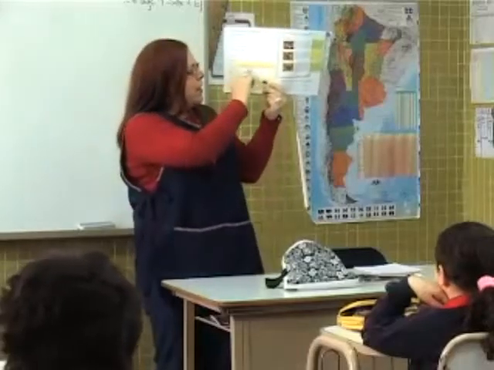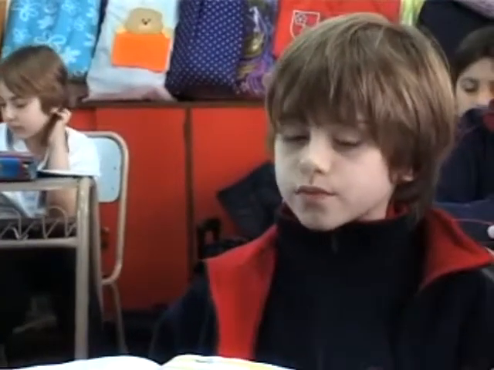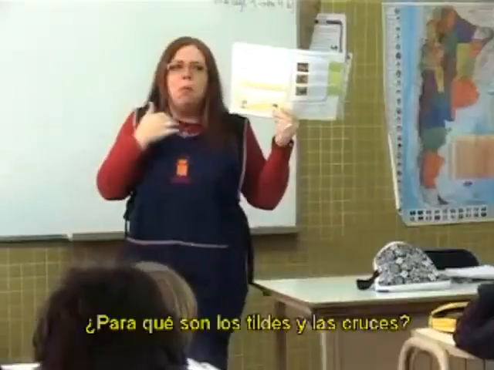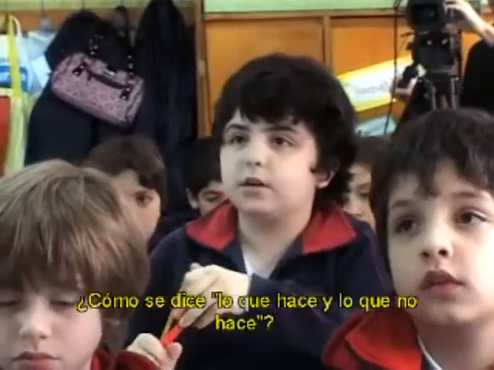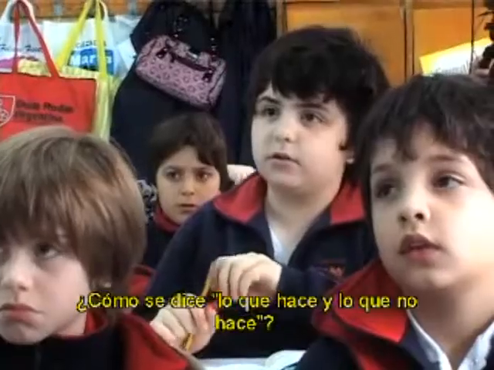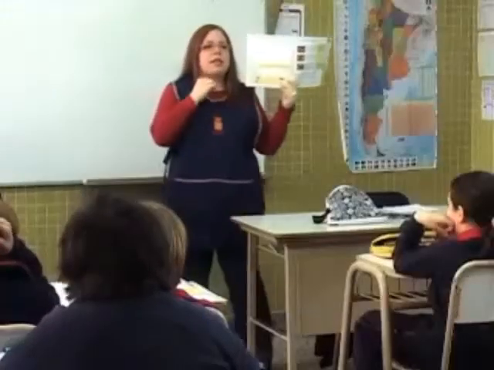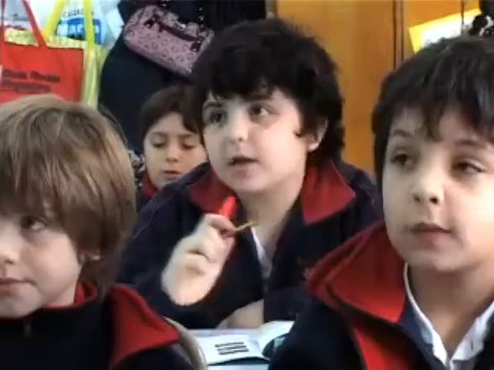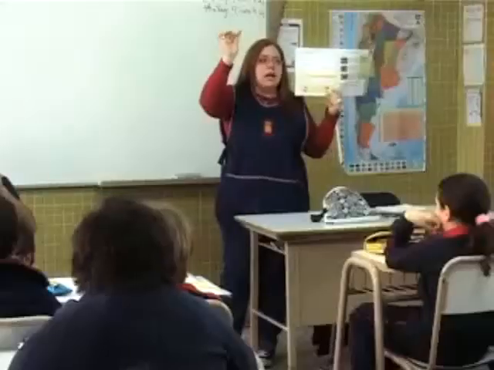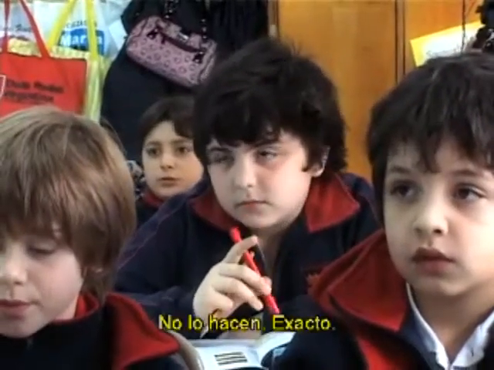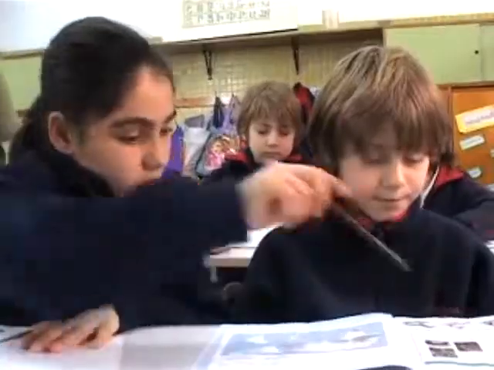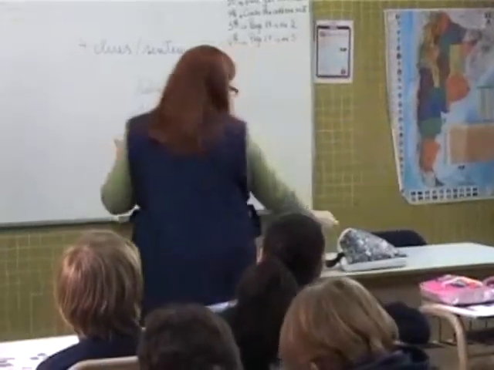Y ahora, fíjense que hay ticks and crosses all over. What are these ticks and crosses for? How you say lo que hacen y lo que no hacen. Exactly. Si tengo un tick, ¿qué me quiere decir? Lo hacen. Yes, they do it. Si tengo una cross, no, they don't. Exactly. ¿Cómo mantengo el secreto si no puedo decir el animal?